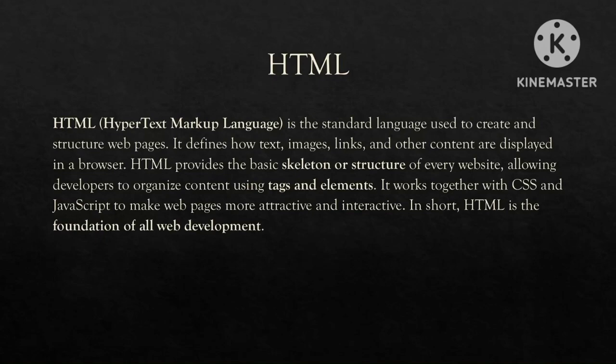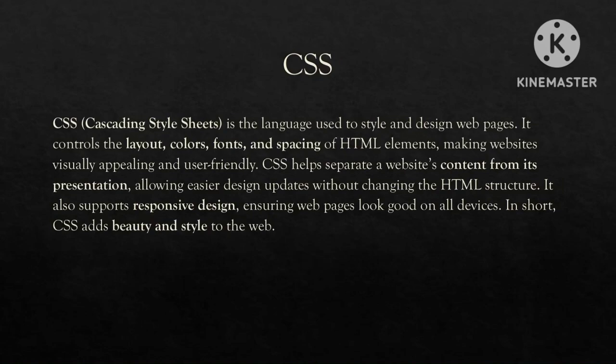CSS, Cascading Style Sheets. CSS is the language used to style and design web pages. It controls the layout, color, font, and spacing of HTML elements, making websites visually more attractive and user friendly.